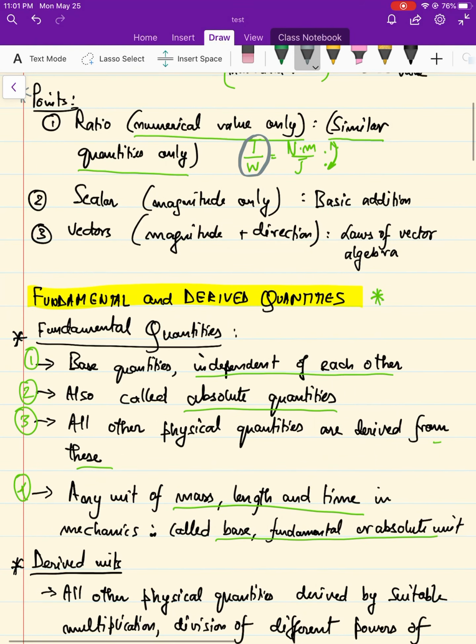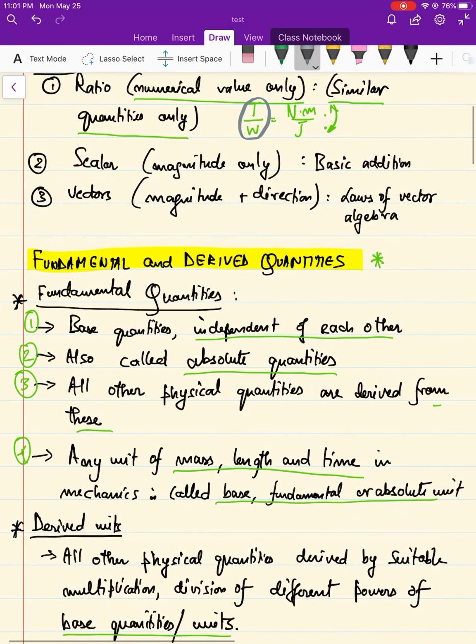So when we talk about units, the basic fact lies in understanding fundamental and derived units. As the name suggests, fundamental units are the building blocks of all physical quantities if they are defined in terms of the units.